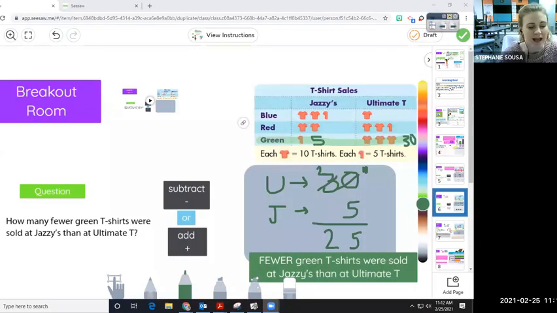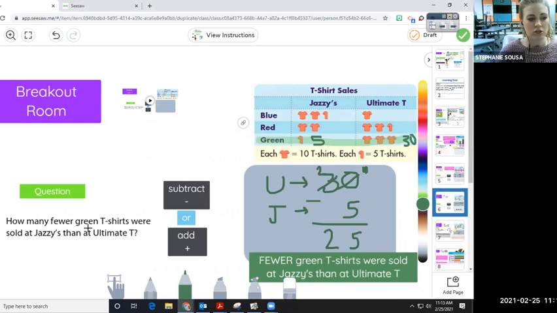How many fewer green t-shirts were sold at Jazzy's than at Ultimate Tee? Slide 6. This is the answer that you and your partner should have come to, arrived at. There we go. You could have used addition or subtraction. I chose subtraction.